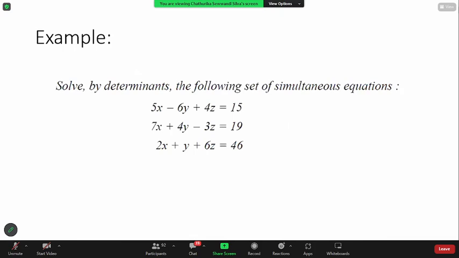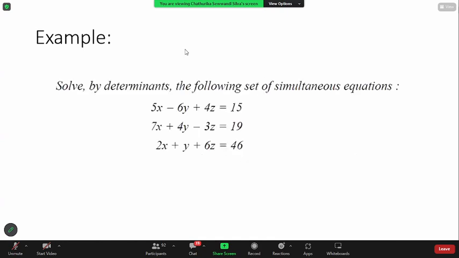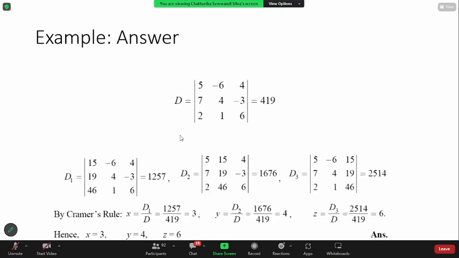So this is another question. I'll show you the answers. This is the original D, formed by selecting the coefficients of the three equations. Here the original matrix is formulated, and after finding the determinant of that matrix, you will get the answer 490.